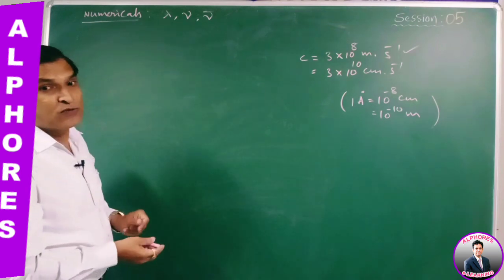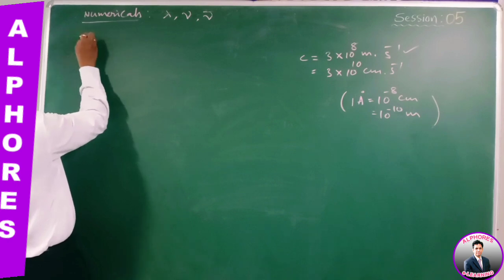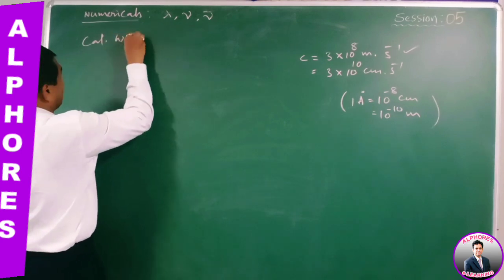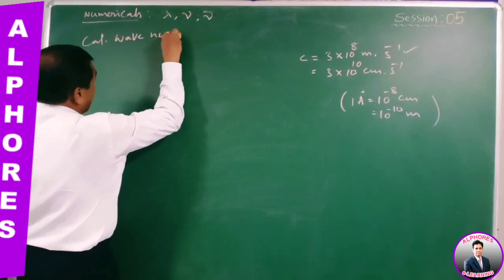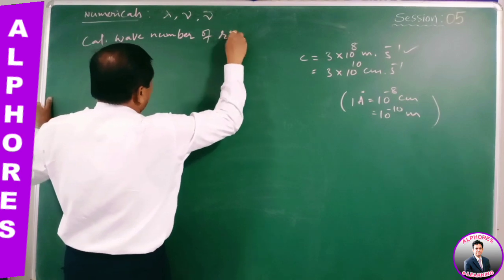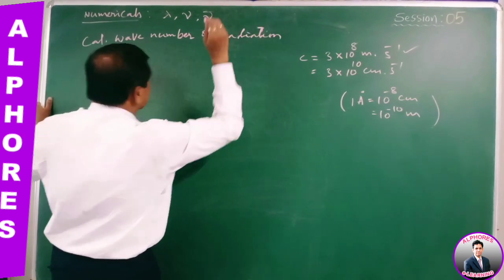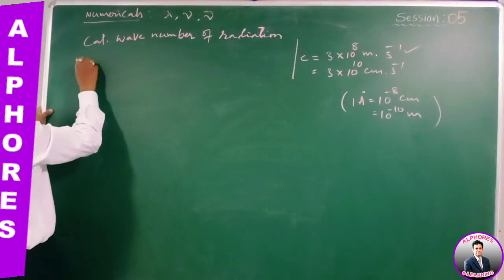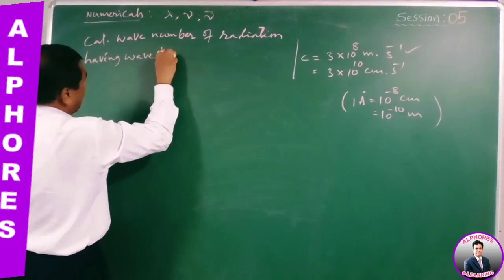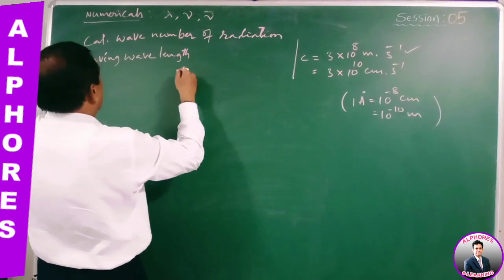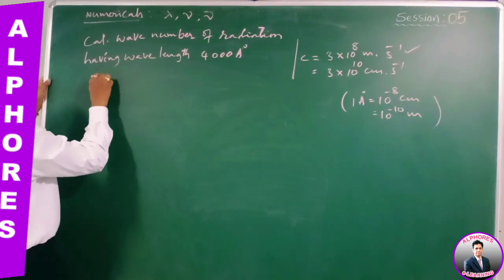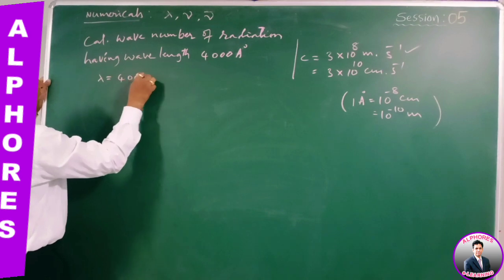Again, let us take 4000 angstroms. Now in this, lambda is given, wavelength is 4000 angstroms.